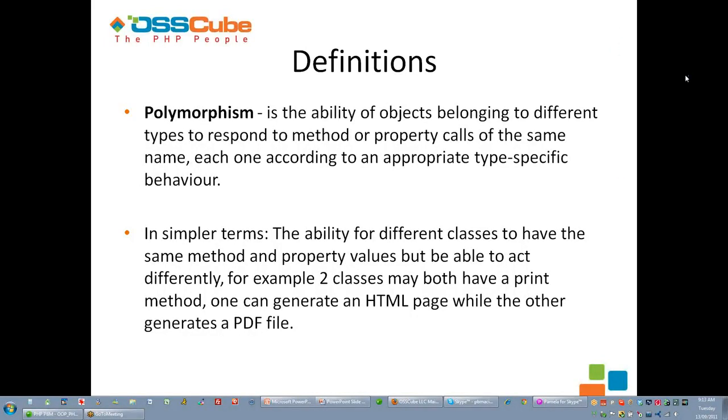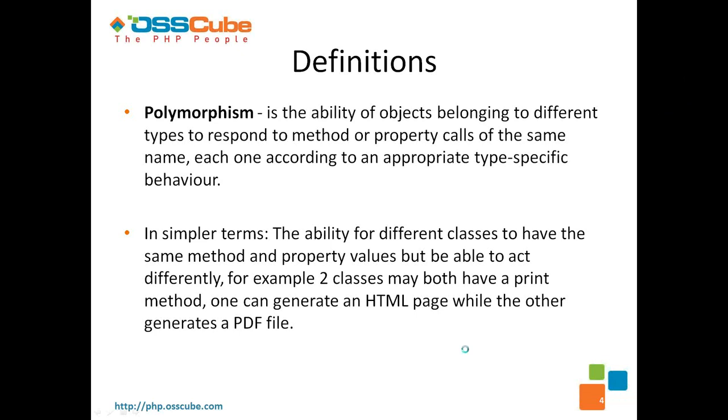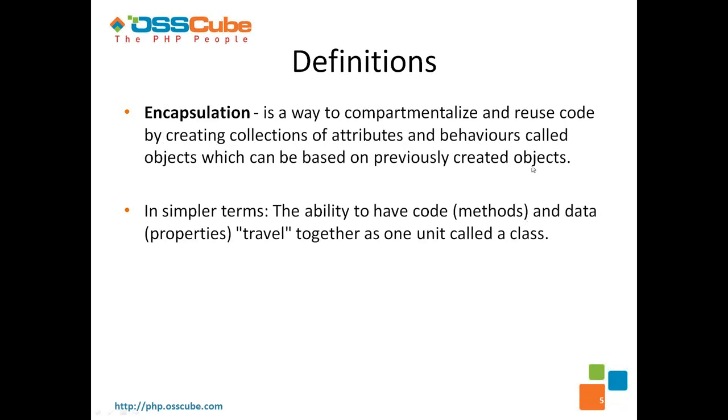So I'll get underway. Just review the definitions quickly. We have polymorphism here. I'll just let you read that. You probably pretty much know these things anyway. We have encapsulation.